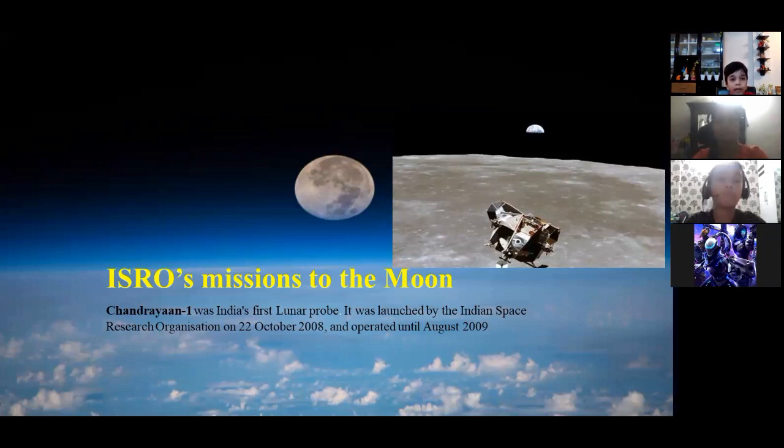The mission was a major boost to India's space program as India researched and developed its own technology in order to explore the moon. The vehicle was successfully inserted into lunar orbit on 8th November 2008. Next slide, please.